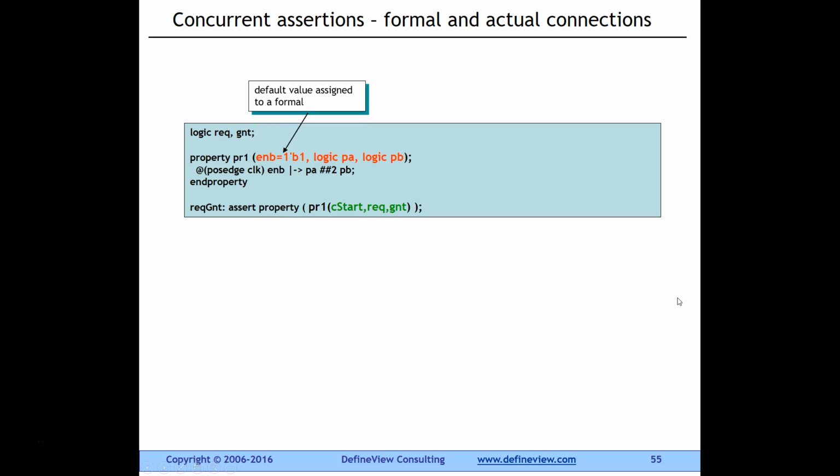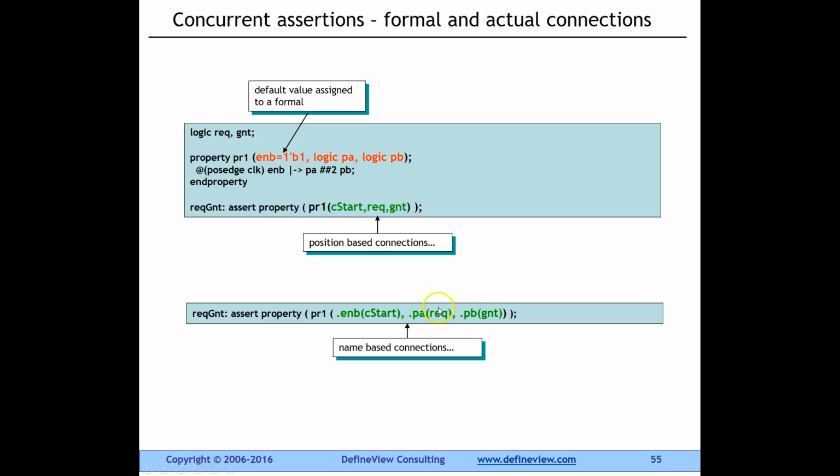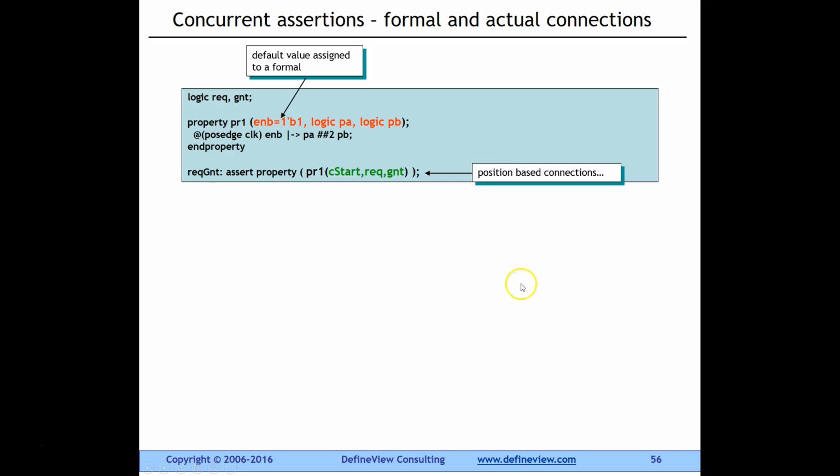Some more points on formals and actuals. You can have a default on a formal, and then you can connect actuals with the formals using position based connections. This is very similar to Verilog. Or you can use name based connections to connect the formals and actuals. And this is the same example again.